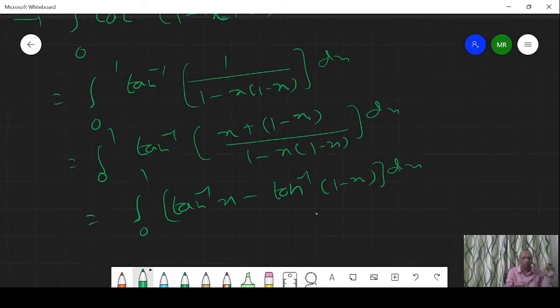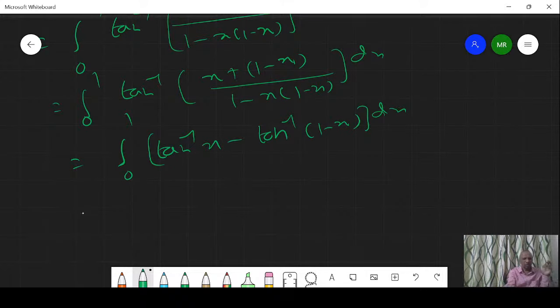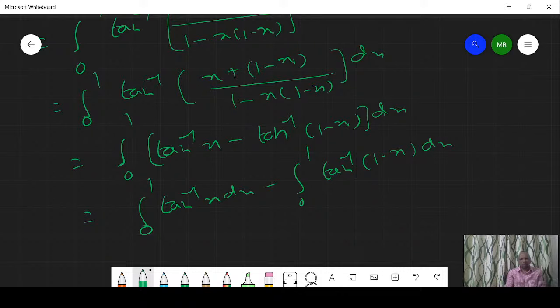So in this problem, I can apply again, you see this one, 0 to 1. This I can write as integral 0 to 1 tan inverse x dx, and 0 to 1 tan inverse of 1 minus x dx. For the second integral, replace x with 1 minus x. You apply the property P4.